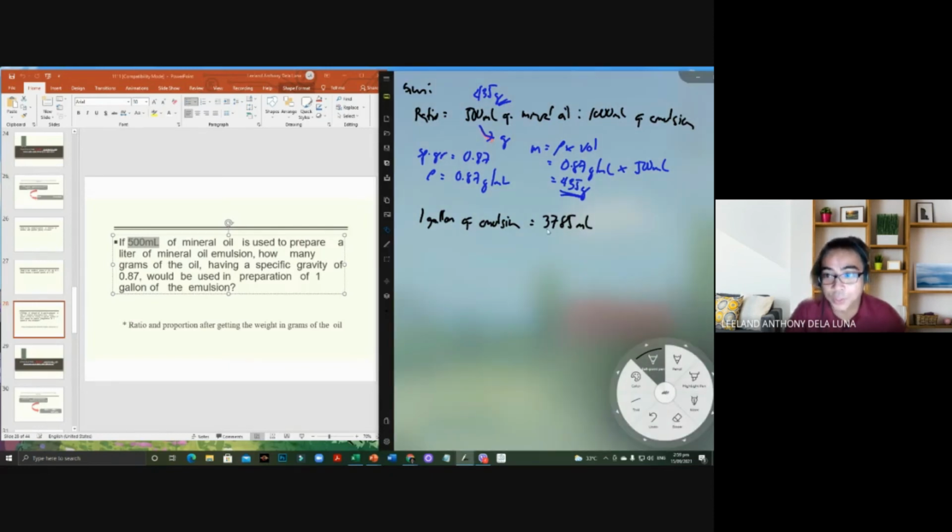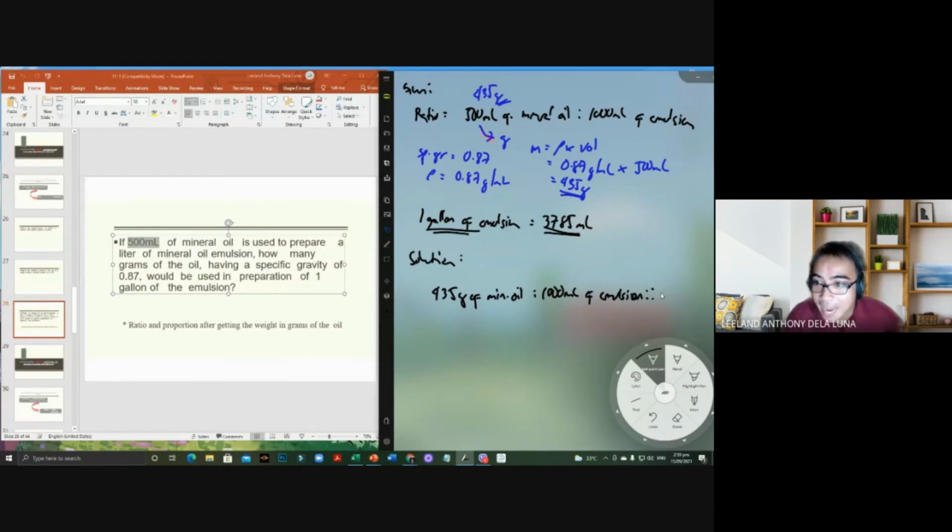Okay. So diretso ko na siya dyan. So therefore class, ang magiging solution ko dito will just simply be like this. There is 435 grams of mineral oil in 1,000 ml of emulsion.